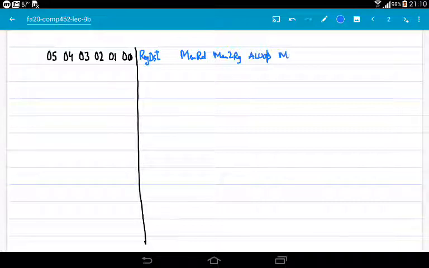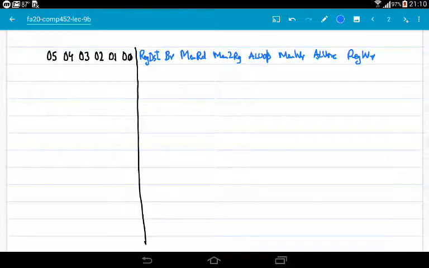Then MemWrite, then ALUSrc, and then RegWrite. Now I have left this space here, and this is where I will introduce another output, which is the branch, BR.